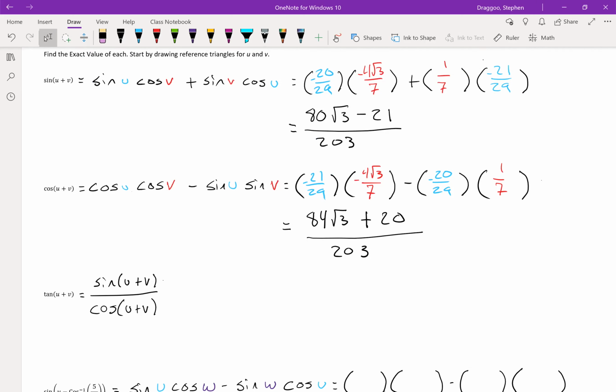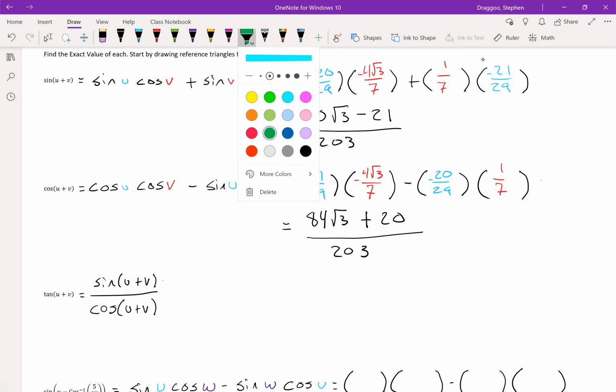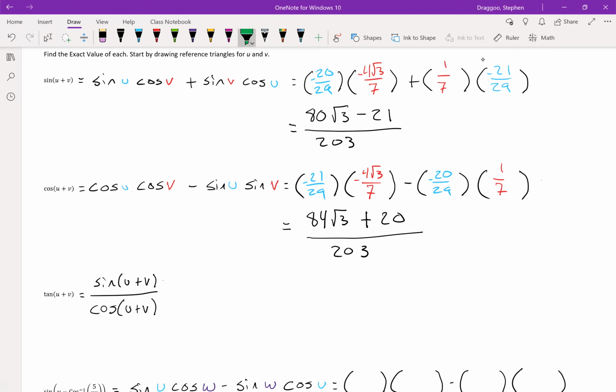Okay, so for the tangent of u plus v, normally we would use one of the tangent sum and difference formulas, in this case, the tangent sum formula. However, since we've already calculated both the sine of u plus v and the cosine of u plus v, it might make more sense this time to just say the tangent of u plus v is sine over cosine, since I've already done the legwork to get each of those values.